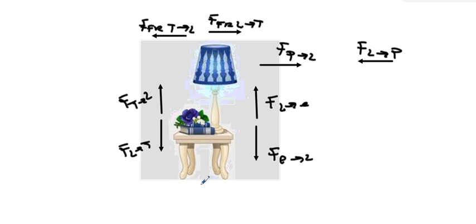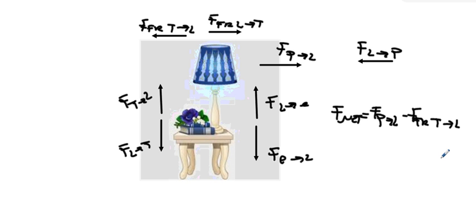So once again, we see that all forces balance out with each other. Okay, these two balance out, these two balance out, these two balance out, but you have to remember when we look at the net force acting on the lamp, when we're trying to move it to the right, that's going to be force net acting on the lamp will then be force of the person to the lamp minus the force of friction, table to the lamp.